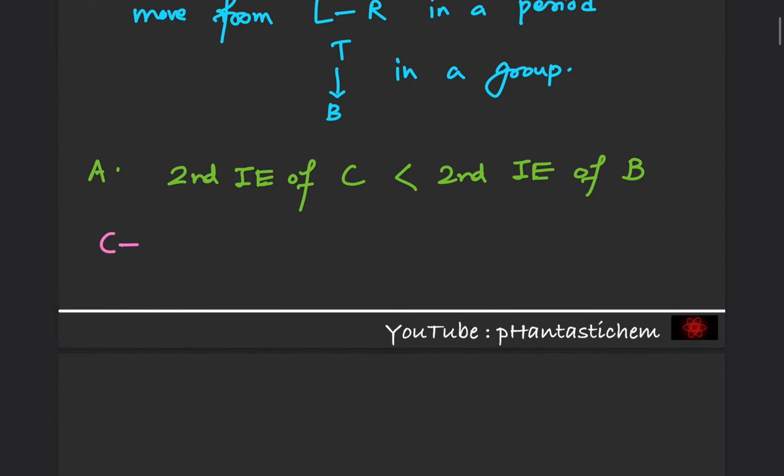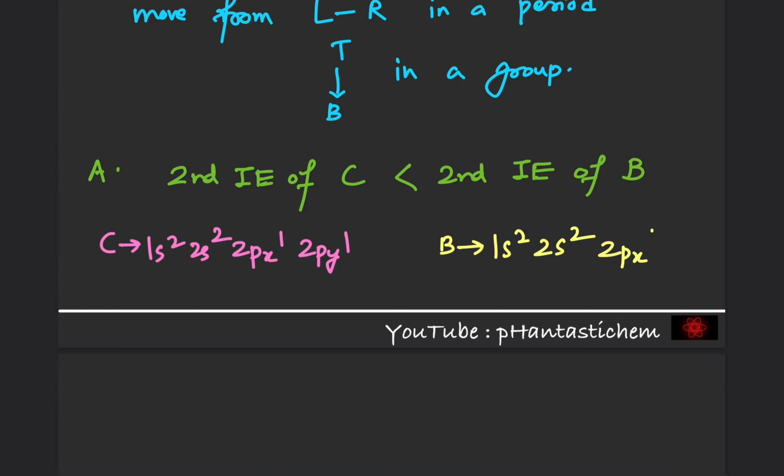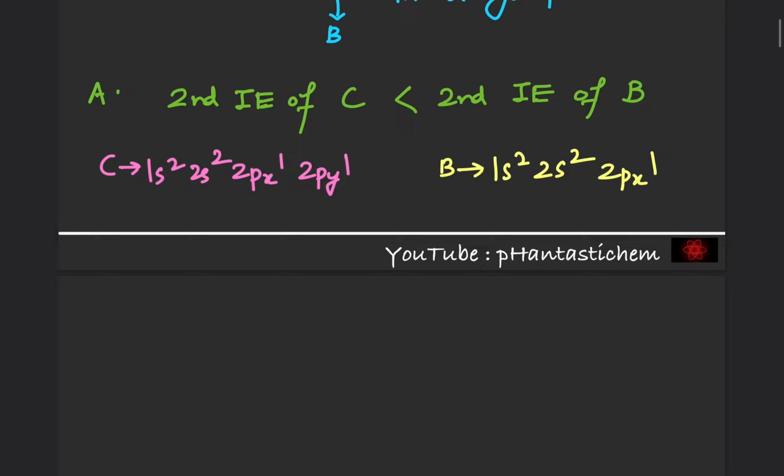So for carbon, it is 1s2, 2s2, 2px1, 2py1, and for boron, it is 1s2, sorry, 2s2, 2px1. Okay, so for the first ionization enthalpy, we have to knock out an electron from 2py in case of carbon and 2px in case of boron.